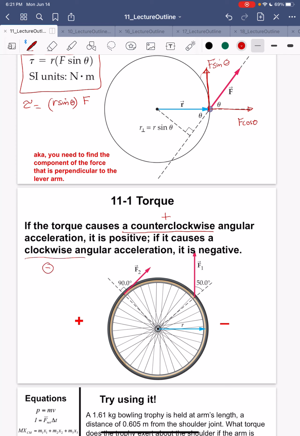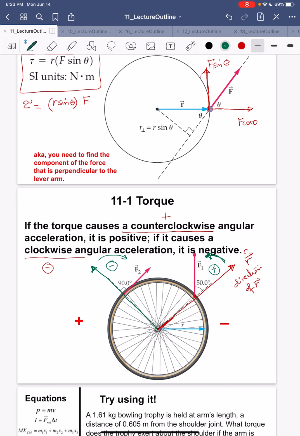I want to show you a very straightforward method to determine the direction. Where is the force? You are going to have a vector that represents the direction of R, and it is from the axis of rotation outward, like this. This is the direction of R. Now you bring R toward the force. This one, R to F1, gives the rotation that is positive. And this one is going to be negative.